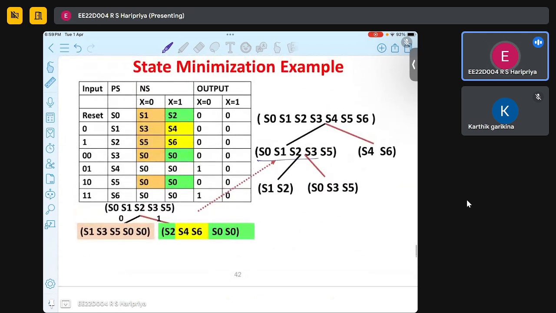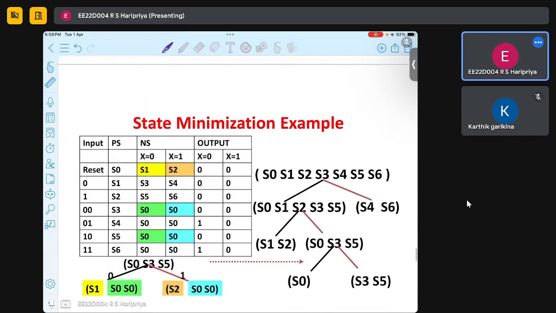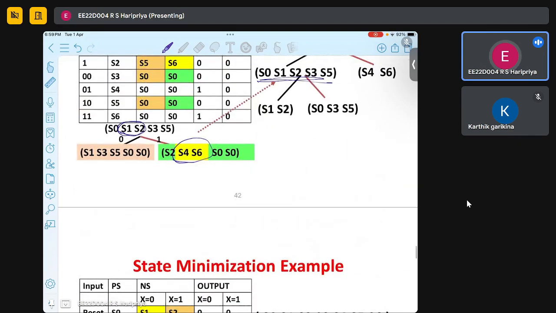For example, you consider this, 0 and 1. Here S2 and S0 are different. This is from different sets, so this one should be a different one. Then further we have to check S1, S0 and this.